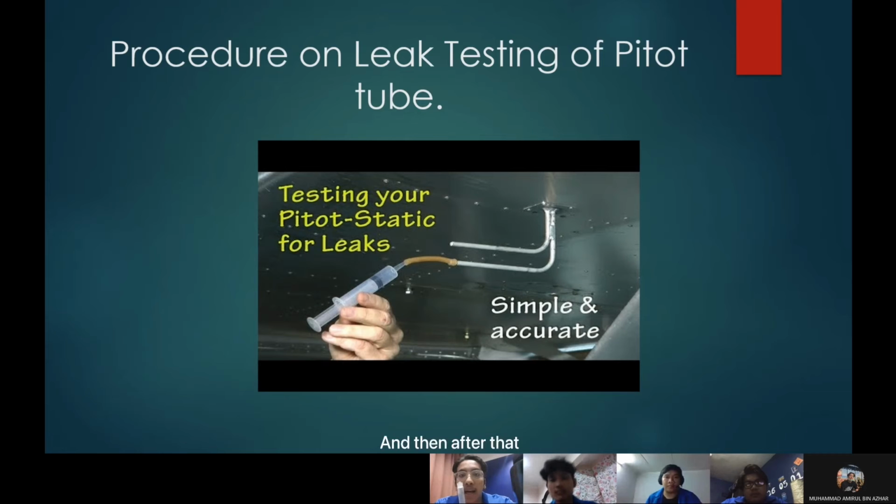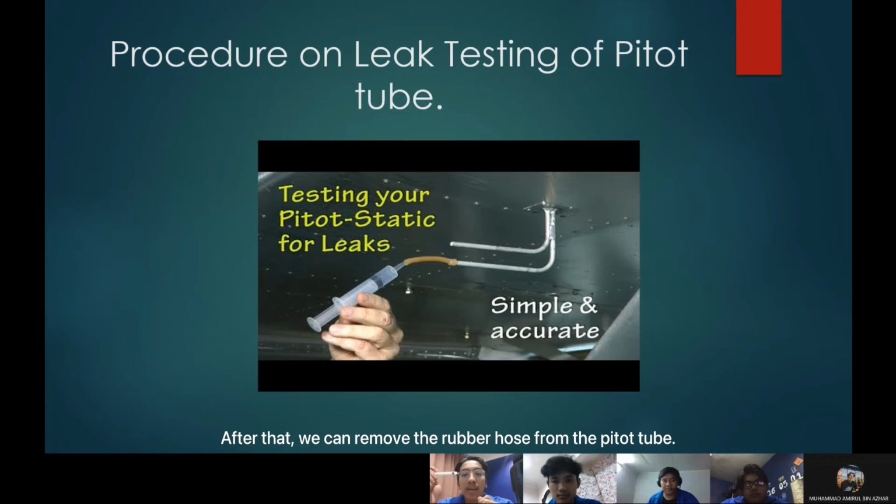And then after that, if the needle of the airspeed indicator holds that position for at least a minute, then we will know that there is no kind of leakage on the pitot tube. After that, we can remove the rubber hose from the pitot tube.